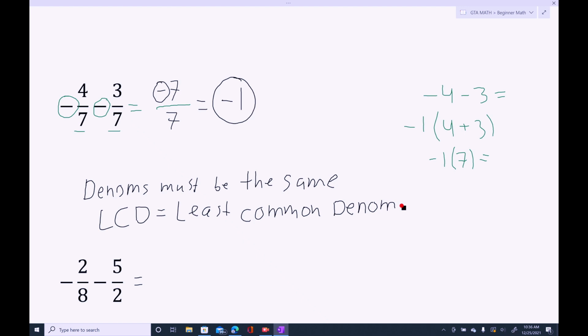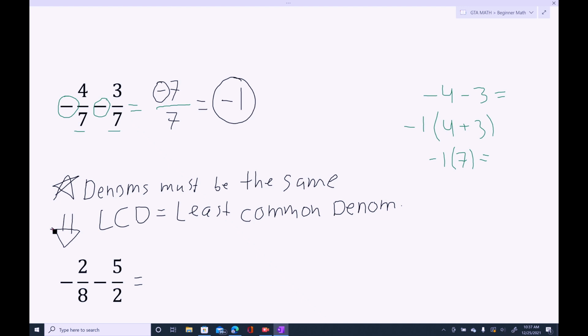Whenever we have a scenario like this, where we have a 2 and an 8, we can't just subtract them right off the bat because the denominators are not the same.